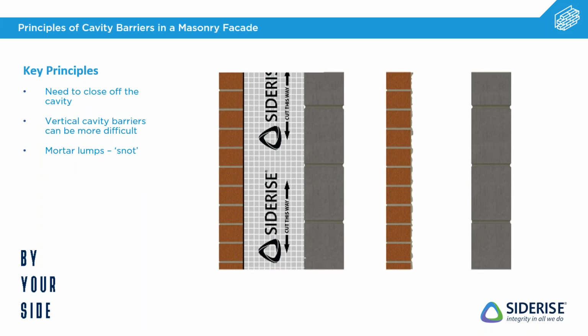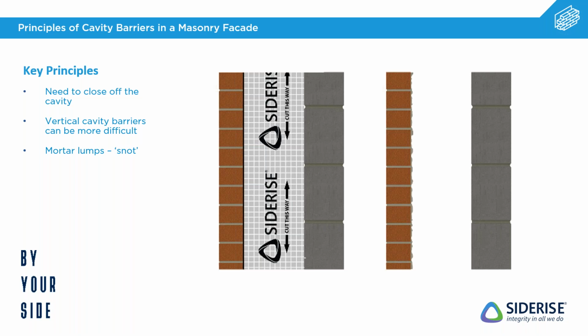You then have your vertical cavity barriers, which again will be located at compartment lines, typically where your party walls are. Again, same principles: they need to fully fill that cavity, spanning across those two leaves. They can sometimes be more difficult where you have things like decorative areas and projecting bands of brickwork, where you can have a cavity that's not quite straightforward to fill.